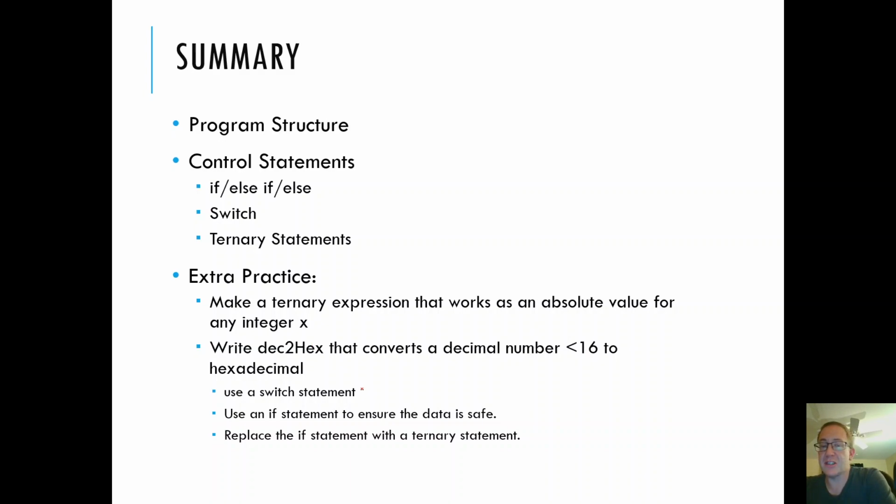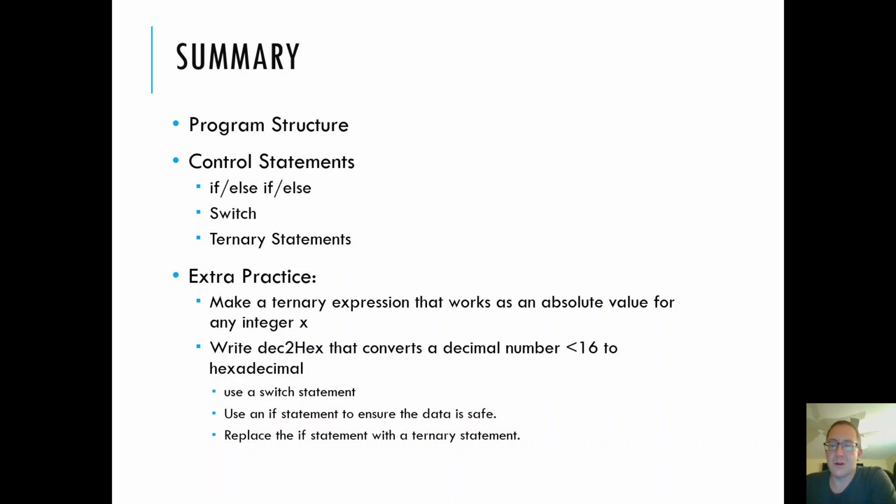So you can use a switch statement for this, but also put an if statement around it to make sure that the value going in is in fact less than 16. And then after that's all said and done, replace that if statement with a ternary expression to make sure that the value is strictly less than 16. Greater than or equal to 0, less than 16.